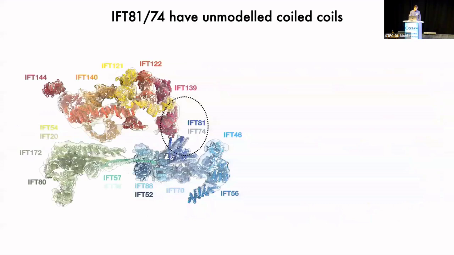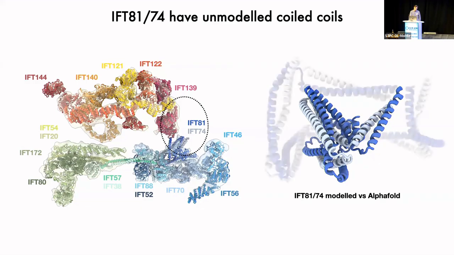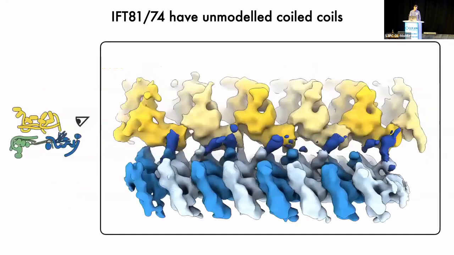So we wanted to think about what the identity of these densities could be. In our model, we know that IFT81/74 is the protein in this region. If we compare what we model here to the left versus the original AlphaFold model, we see that there are 4 extra coil segments, which we assume to be flexible in our overall model.